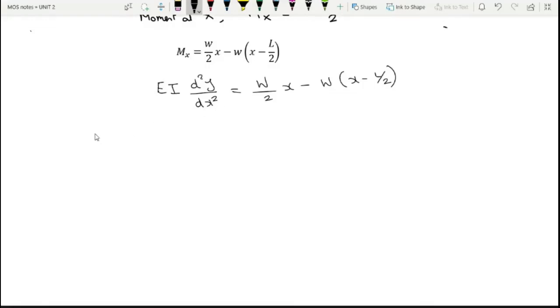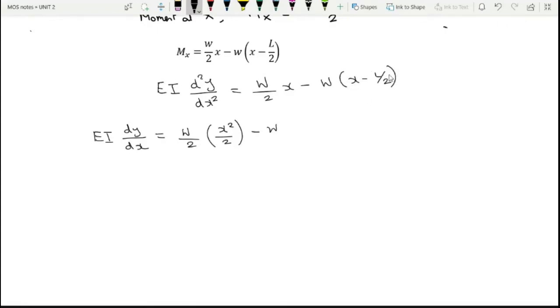We'll get EI dy by dx equal to W by 2, and this x, when I integrate it, will give x square by 2, minus W, and x minus L by 2 you have to integrate as a whole term, as I told you earlier.